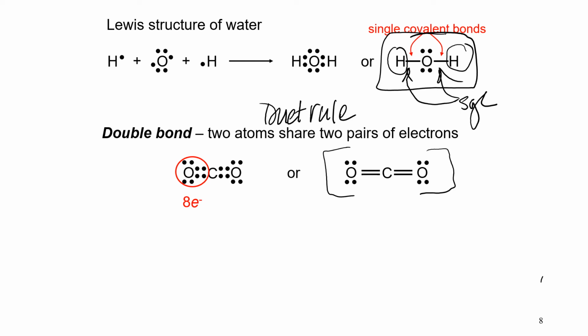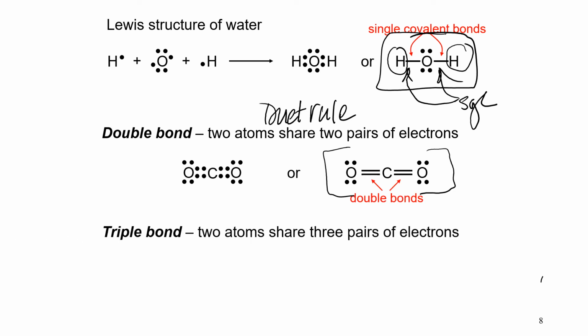So again, oxygen feels like it has an octet, as well, both oxygens as well as carbon, with those double bonds.